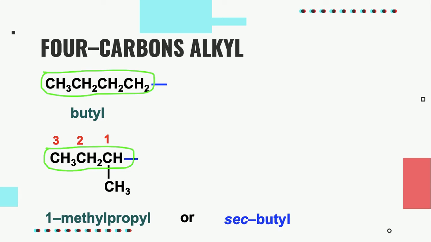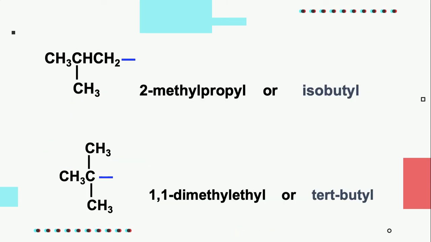Sec means secondary, or, to simplify it, a methyl group attached on the first carbon of the branch, and there are 4 carbons in total in sec-butyl. The common name of 2-methylpropyl is isobutyl because there are 4 carbons in total in the branch and a methyl attached on the carbon before the last carbon in the branch.